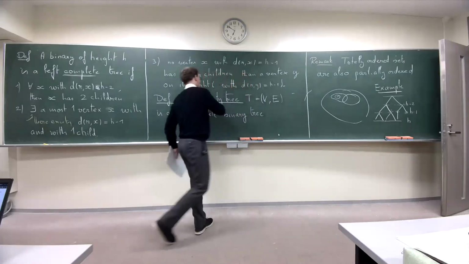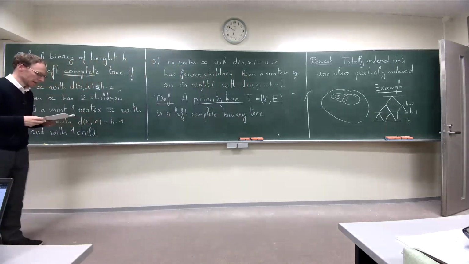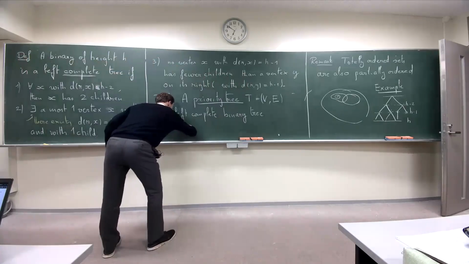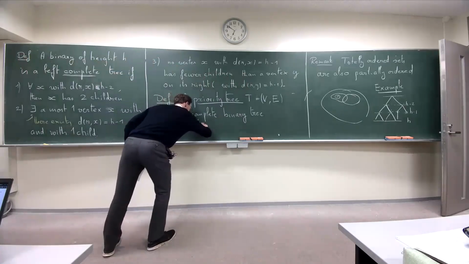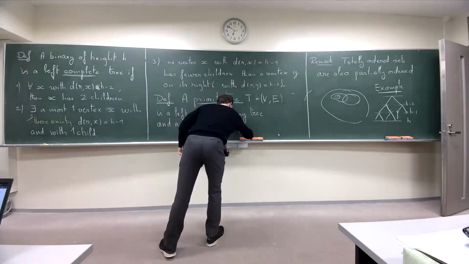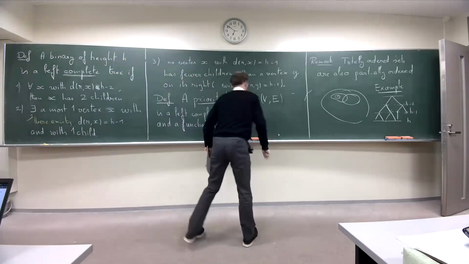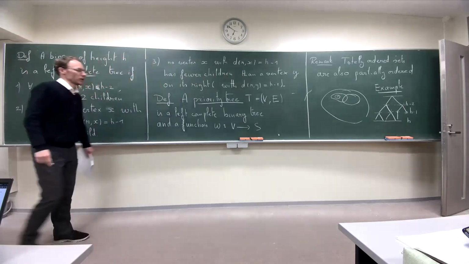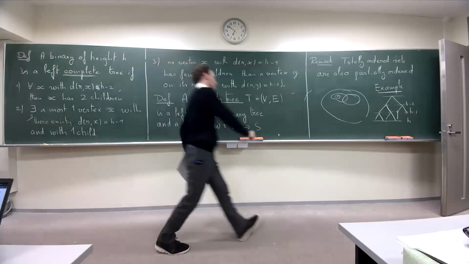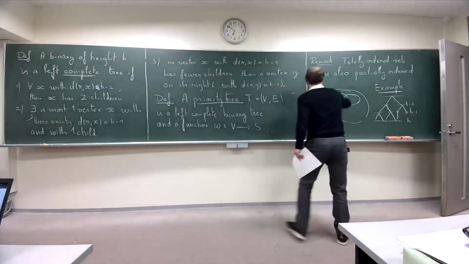So we are exactly in the setting introduced here. And a function omega from V to S, like the priority trees. So there is a function from the set of vertices to S, but this time S is only partially ordered.